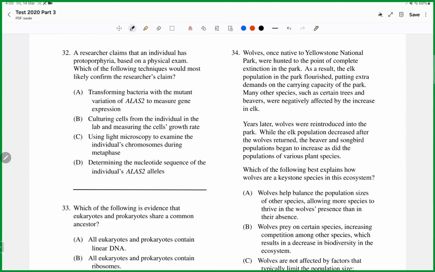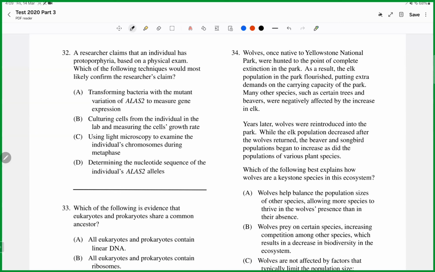Others just dipped. 32. A researcher claims that an individual has the disease based on a physical exam. How could we confirm the researcher's claim? How could you make sure that the person is sick? Using biology, by DNA sequencing.